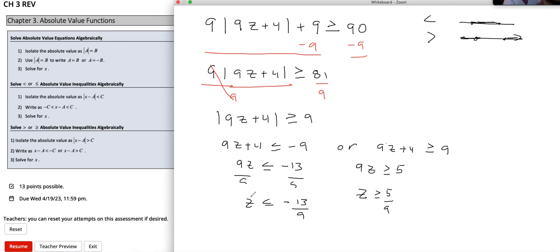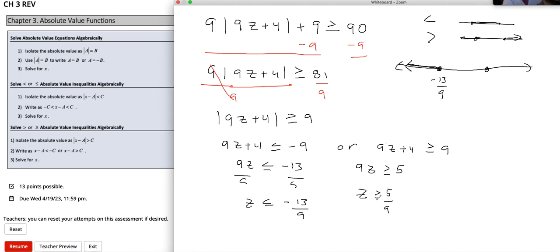So in interval notation, z is less than or equal to negative 13 ninths. Again, you don't have to draw the graph, but it can help just for seeing how the interval notation sets up. So this would be negative 13 ninths, and z is less than that, so that's going that way.